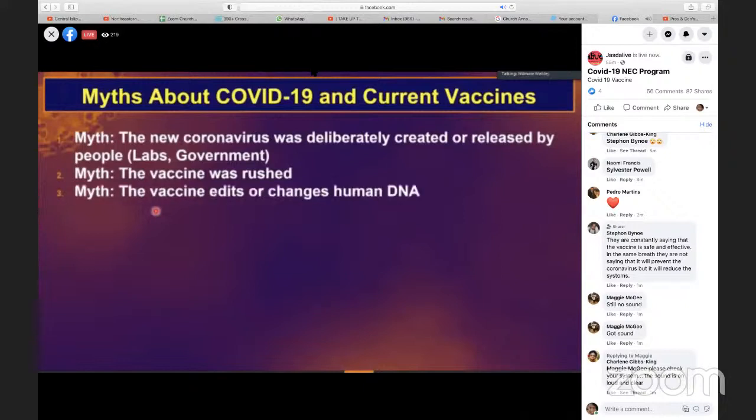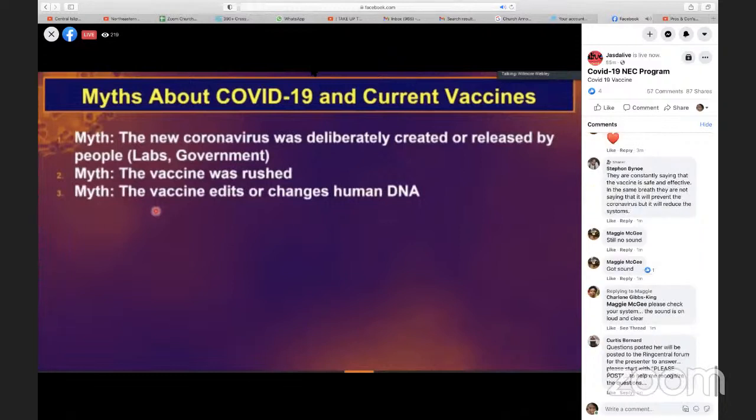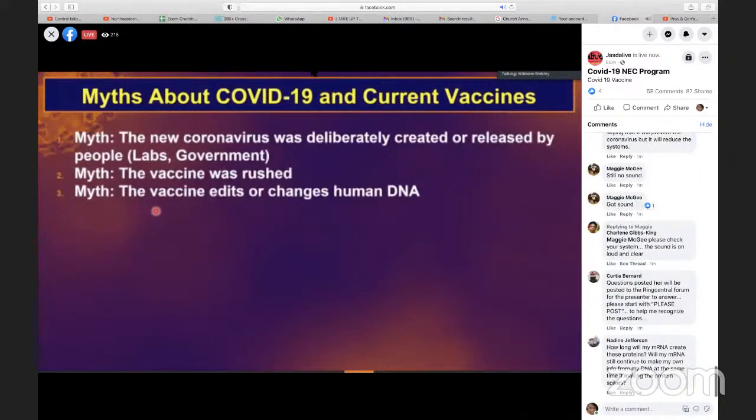That this vaccine will edit your DNA. But as I showed you, there's no way that your mRNA could edit your DNA. The mRNA is in the cytoplasm, your DNA is in the nucleus, right? mRNA and DNA are completely different languages, right? They don't integrate. RNA doesn't go back into the nucleus and integrate into DNA.